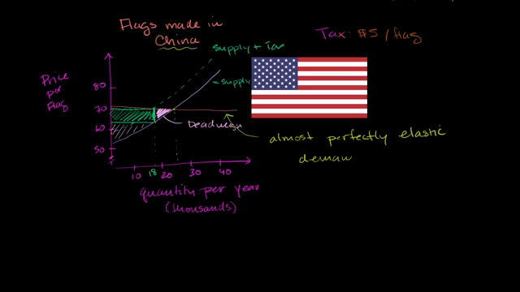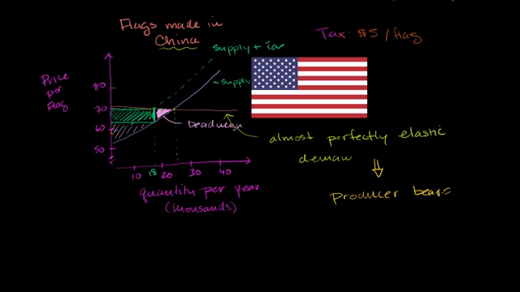And then all the tax revenue, especially if you assume this top line was horizontal, also came out of the producer surplus. So in this situation where you had almost, or we could say if you do have perfect elasticity of demand for the product, the person who's going to bear the brunt of the tax is going to be the producer. The producer surplus is going to be eaten into from the tax.